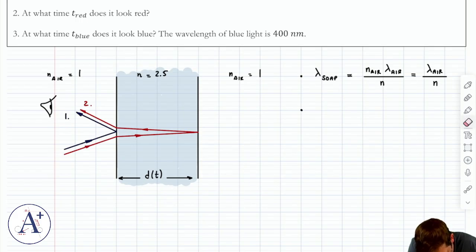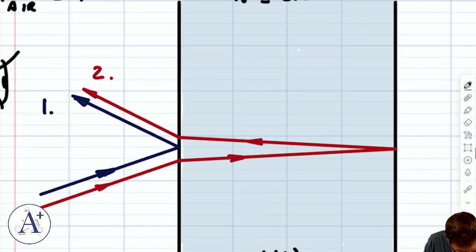And then the other thing I have to worry about is phase shifts upon reflection, whether or not I get them. That depends on how my indices n air and n compare. So how many reflections do I have? Well, 2, 1 for each ray.